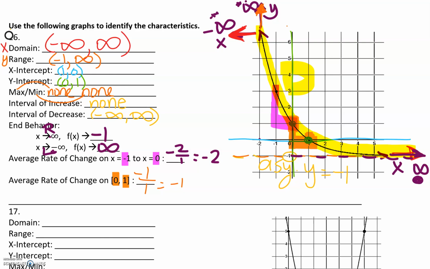That average rate of change is different because it doesn't have the same slope. It may be halving, it may be tripling, it may be doubling, whatever it is, it's not going to have the same average rate of change. What it does have on decreasing functions, remember that whole decreasing thing, your average rate of change will always be negative because the graph is decreasing.